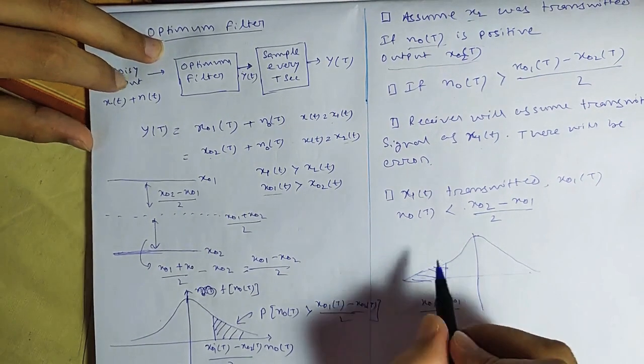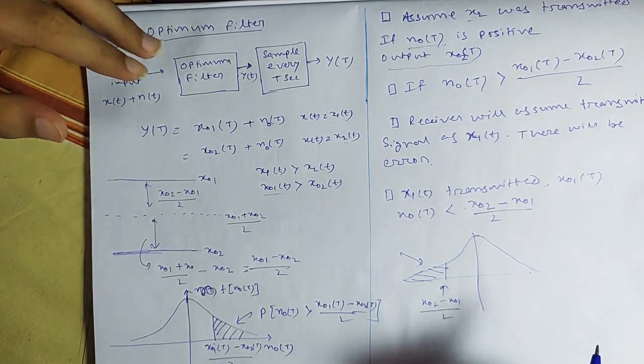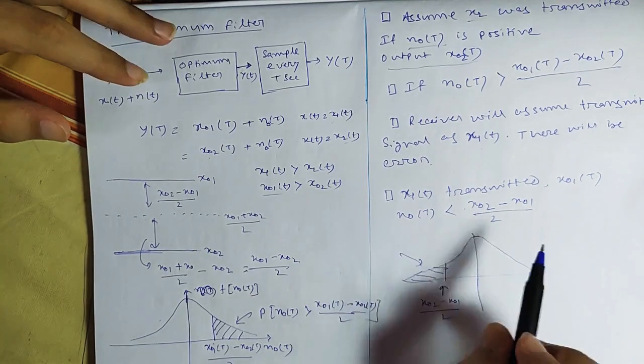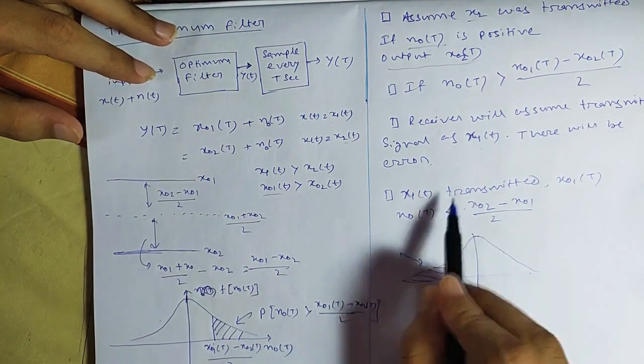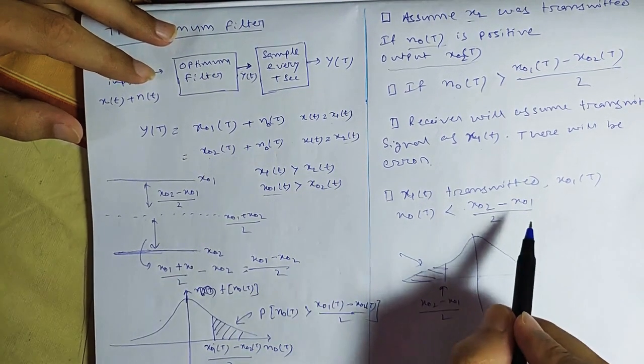In this section, that will be the probability of error for this case. So if the noise maintains this relationship, there will be some error.